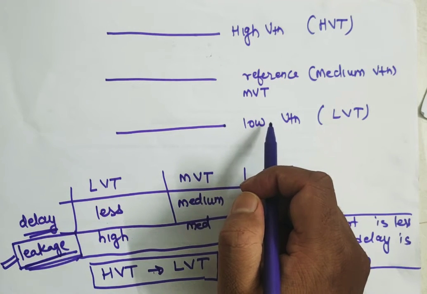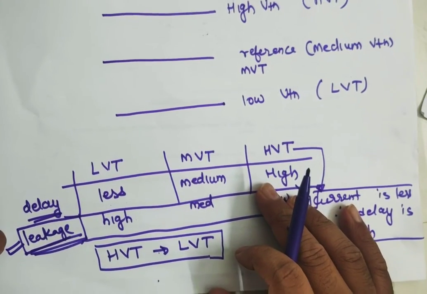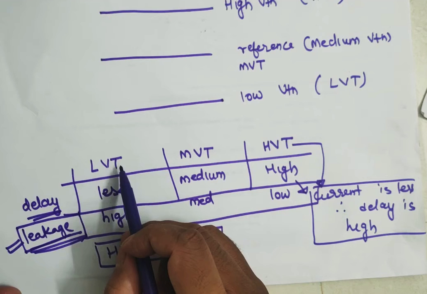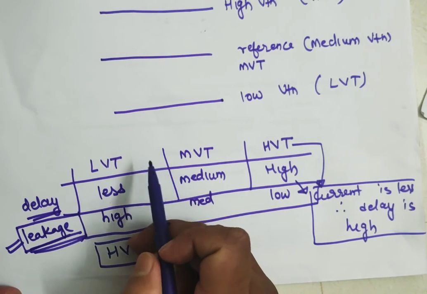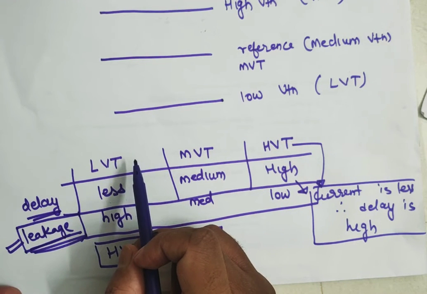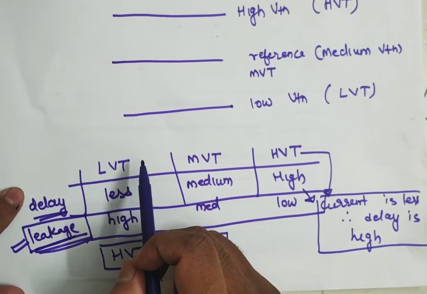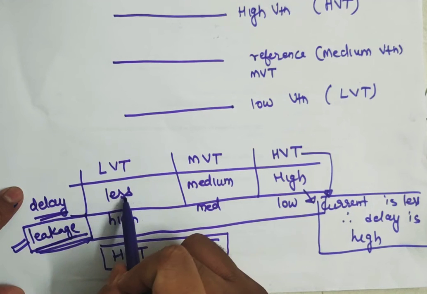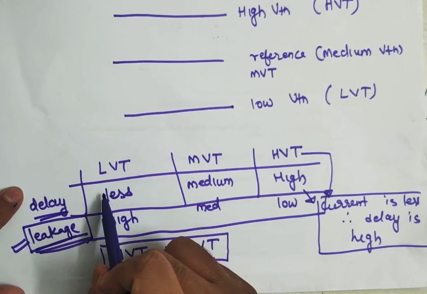So where can we use this high VT, and where can we use this low VT? In the low VT, obviously if your VT is low, your current will be high, correct? If your current is high, delay will be less.